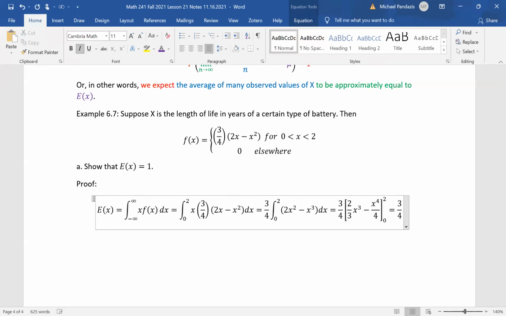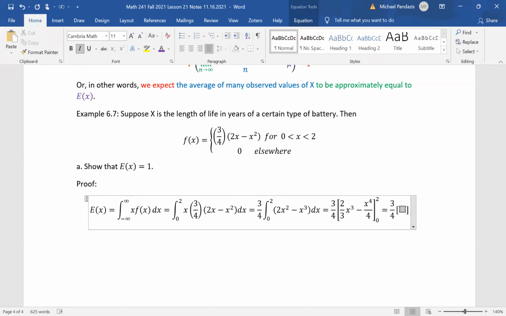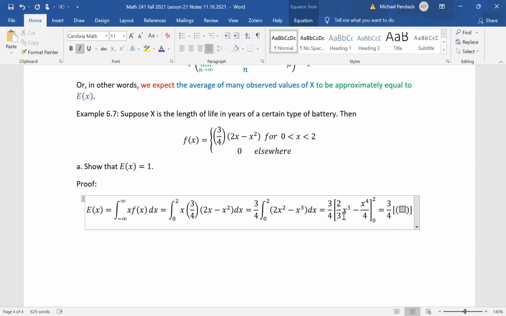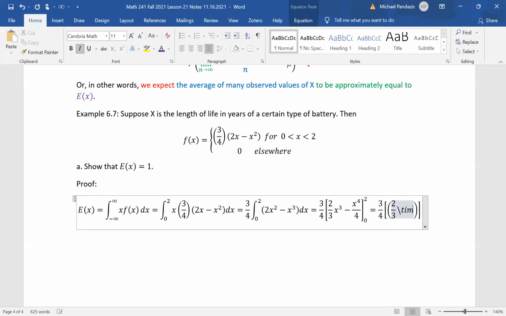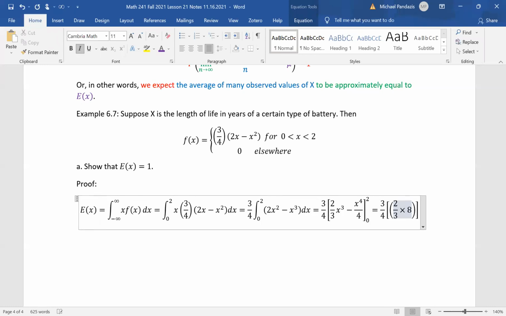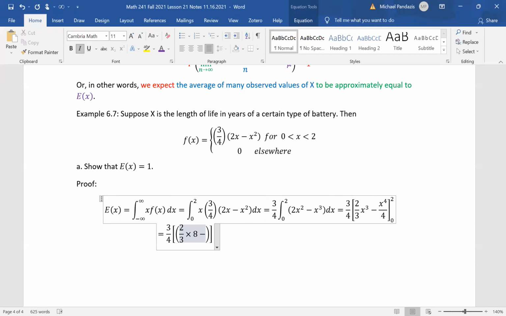So now you just evaluate that when x is 2. You get 2/3 times 2 cubed, which is 8, minus, when you plug in 2 there, 2 to the 4th over 4. That's 16 over 4.